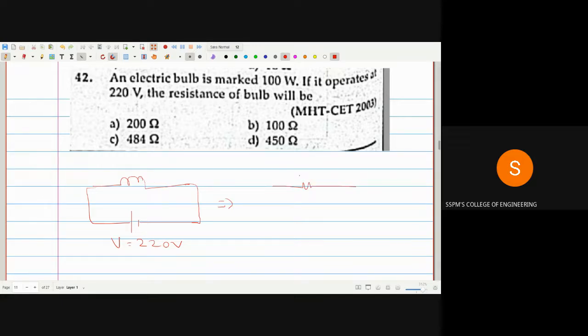Instead of bulb you can write here, you can show here resistance. असं तुम्ही दाखवू शकता. V 220 volt आणि त्याचा पॉवर किती आहे, जी पॉवर इज 100 वॉट. पॉवर दिलेलं आहे 100 वॉट.